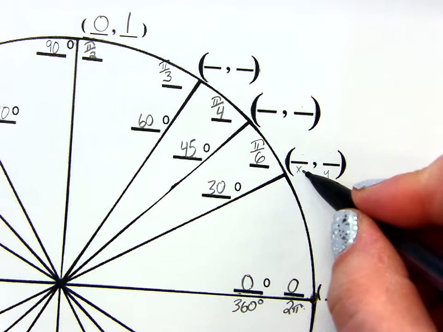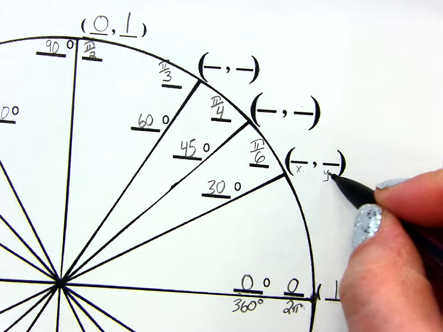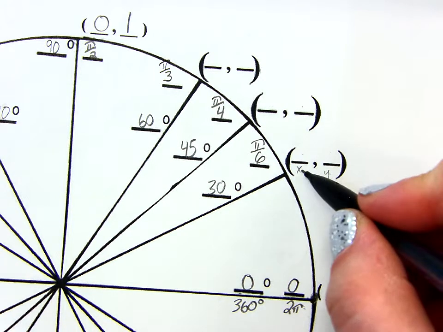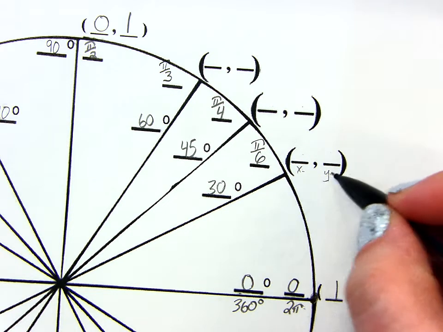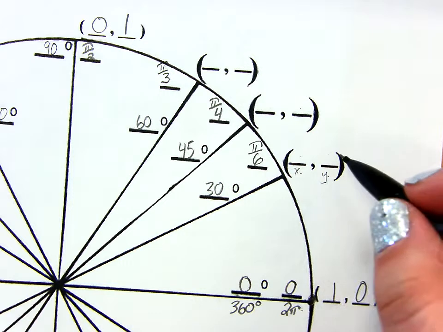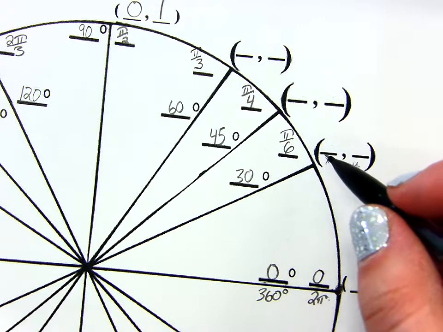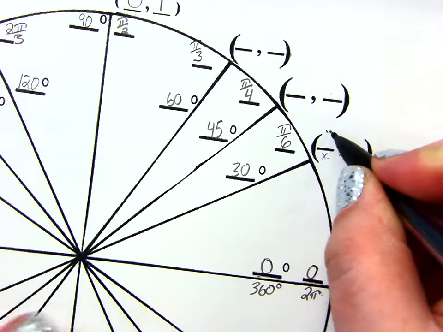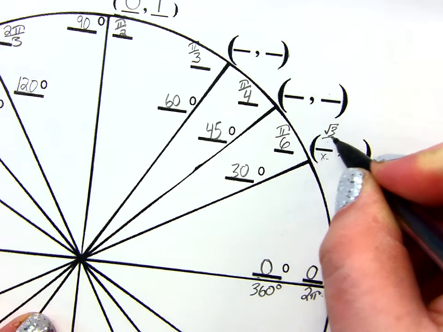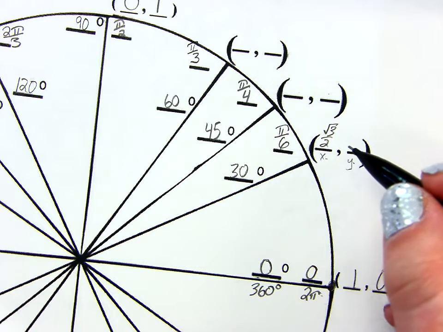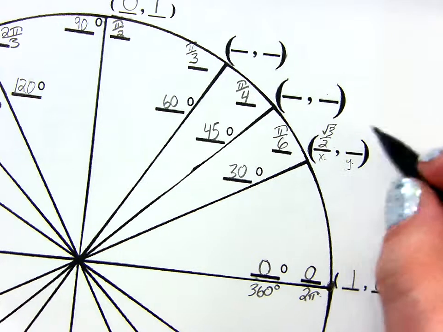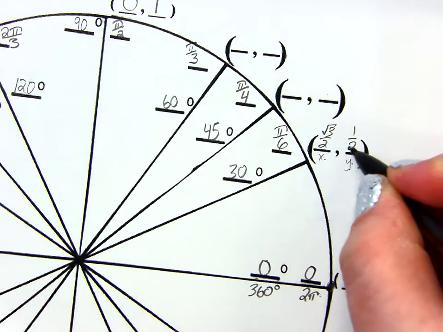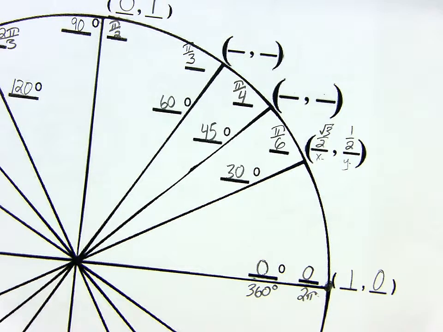Remember that x is just the cosine and y is just the sine. So I just need the cosine of 30 and the sine of 30. And that's right on your reference sheet. So the cosine of 30 is root 3 over 2. And the sine of 30 is just 1/2.